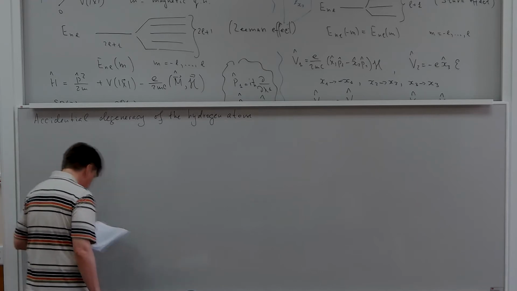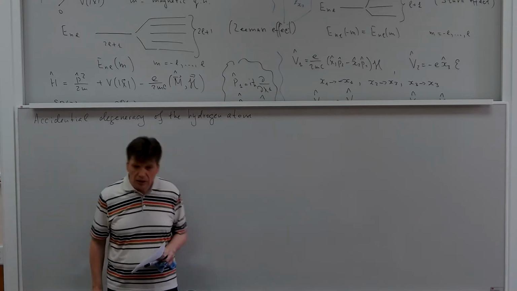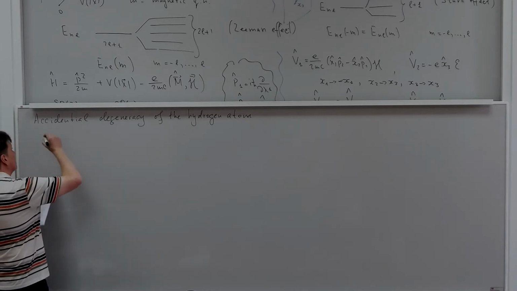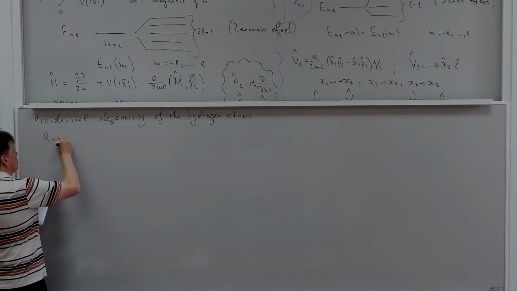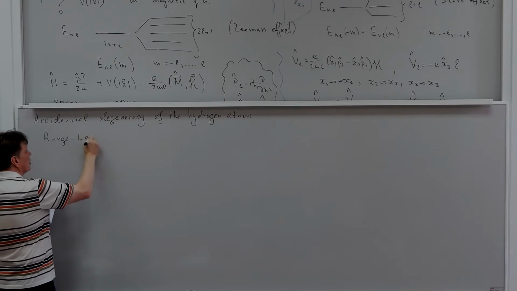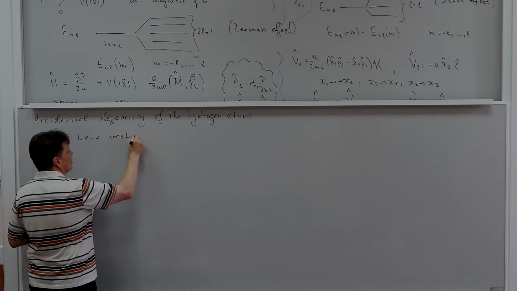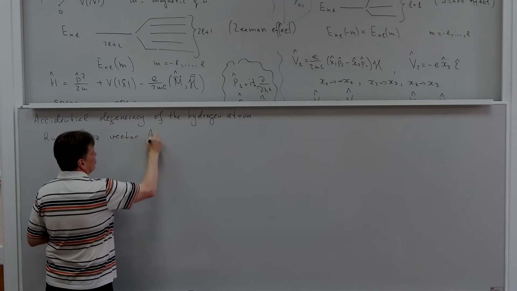Such a hidden symmetry does really exist and is generated by the Runge-Lenz vector, which we denote usually by A.